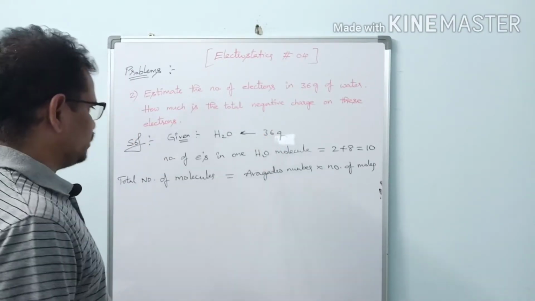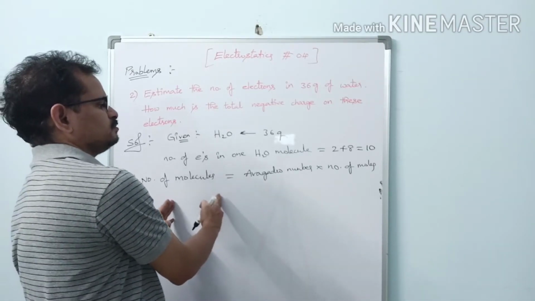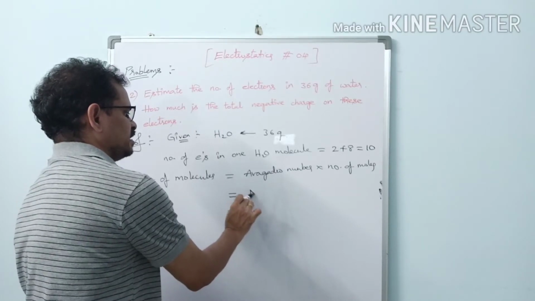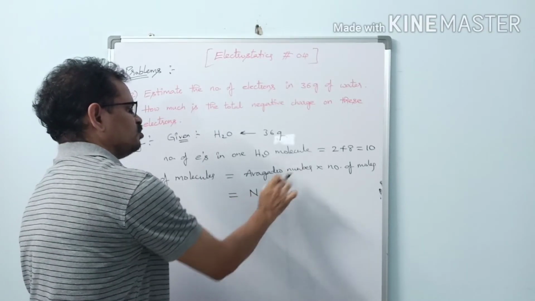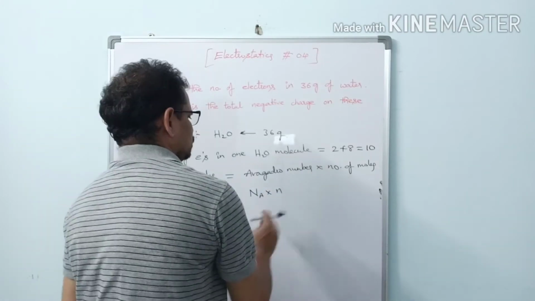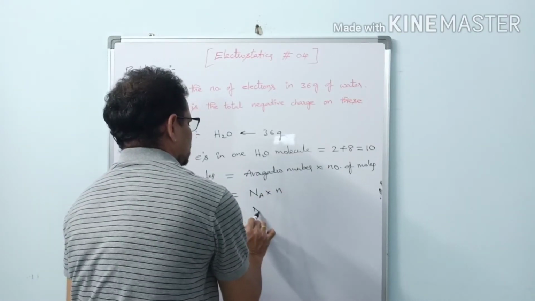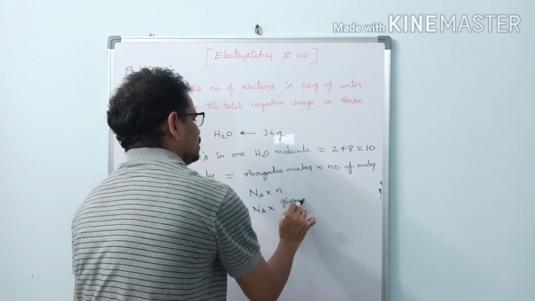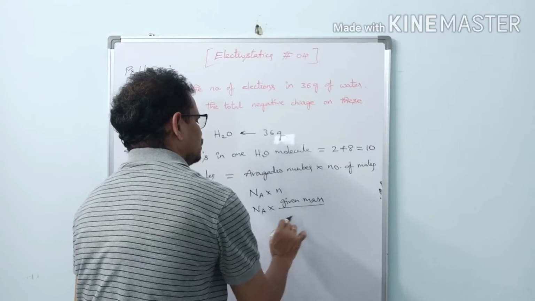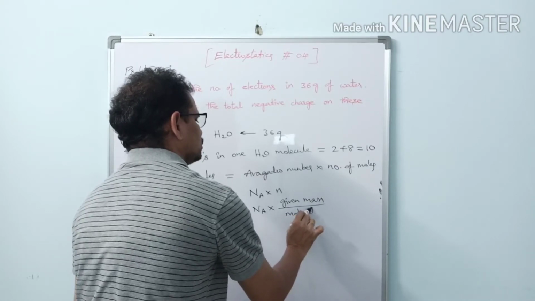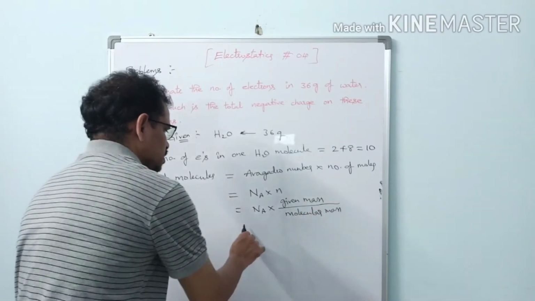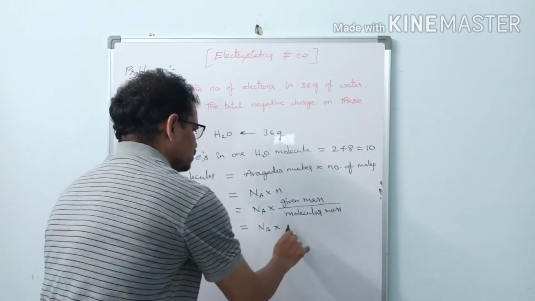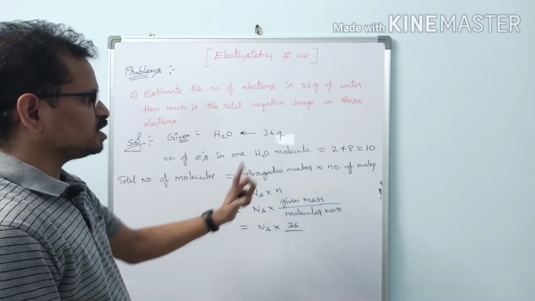So the total number of molecules N equals Na, the Avogadro number, into the number of moles, which is the given mass divided by the molecular mass. So this is Na into the given mass, 36 grams, divided by the molecular mass of H2O.